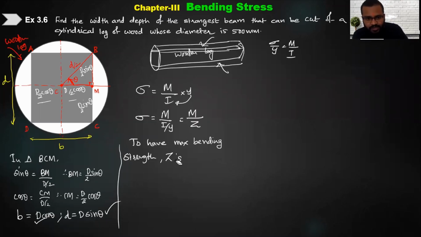Z should be maximized, right? How will we maximize Z?